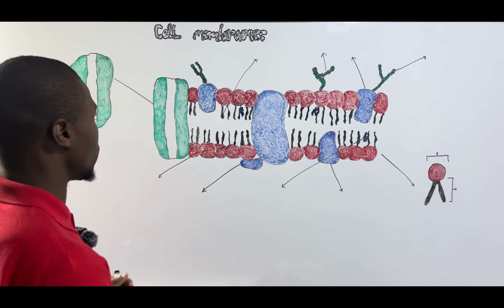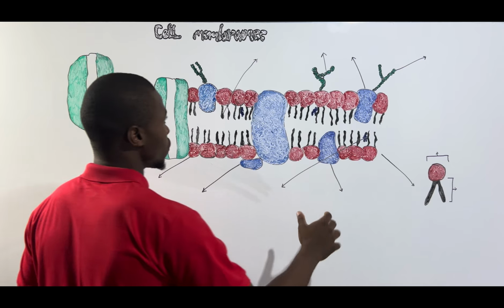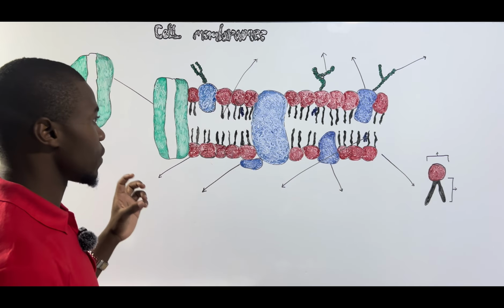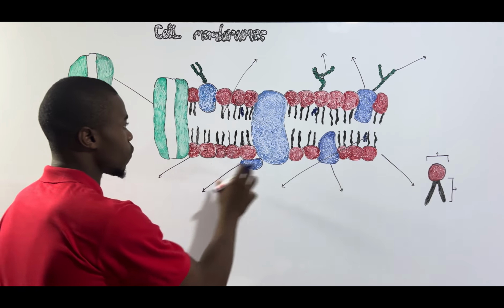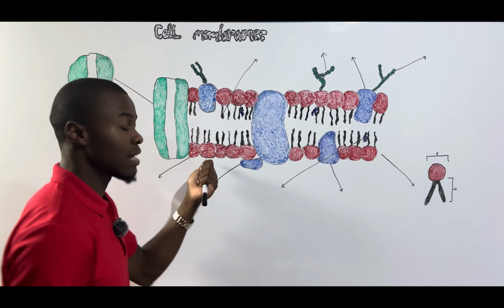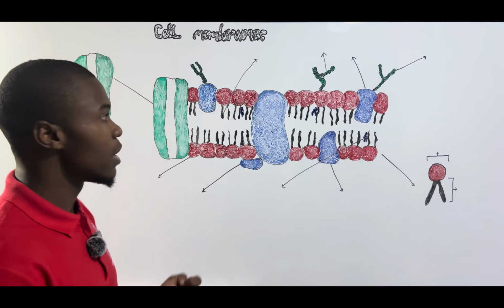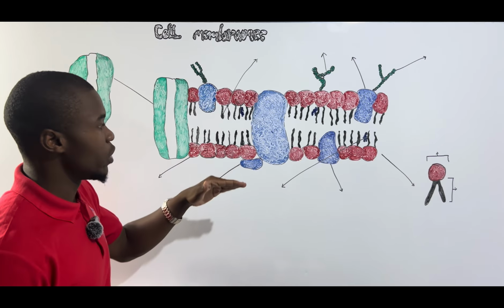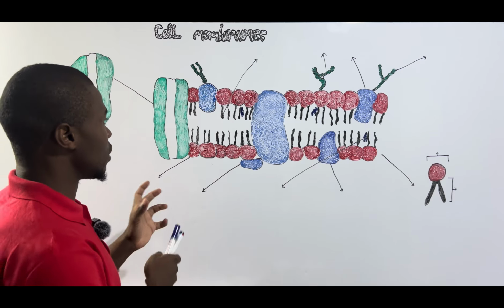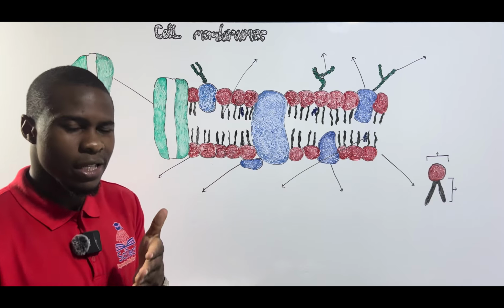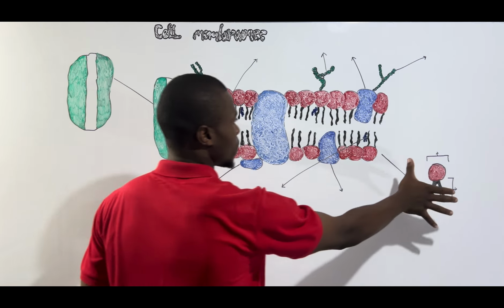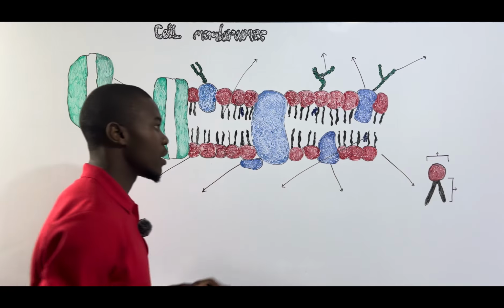Why is it called the fluid mosaic model? Simply because it has the fluid part. The fluid part is regulated mainly by the phospholipids. These are the parts that are in red with black tails. They are called phospholipids, and they give the membrane its fluidity. However, the degree to which it is fluid is actually determined by the tails, which we'll talk about further when it comes to the zoomed part.